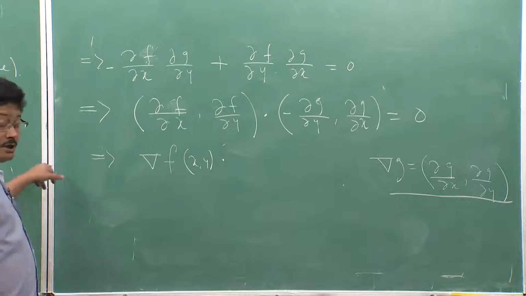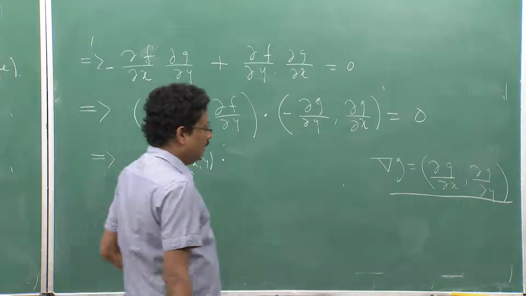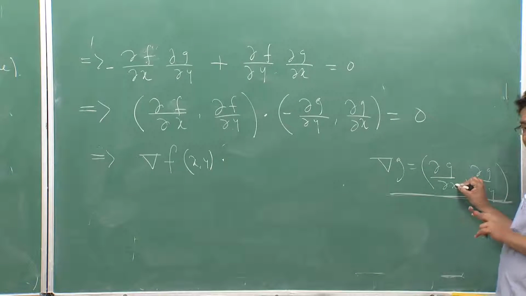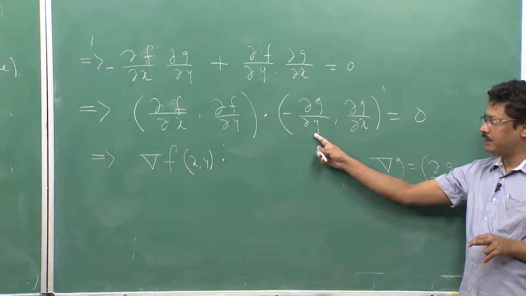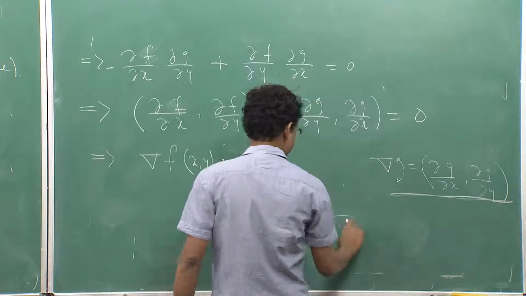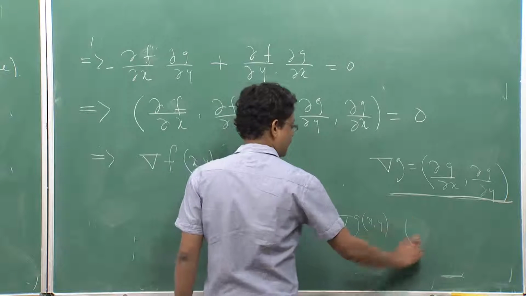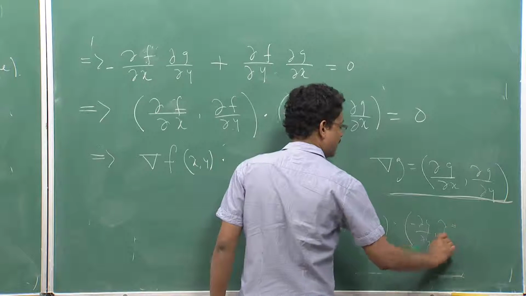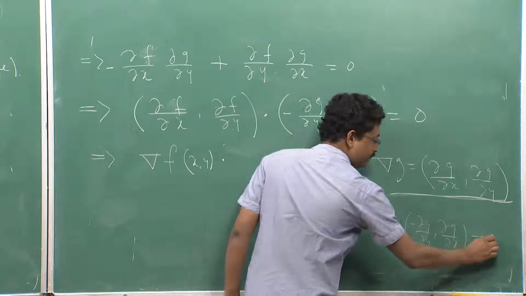I am looking at the surface G(x, y) equal to c, and the dot product of these two gives us 0.